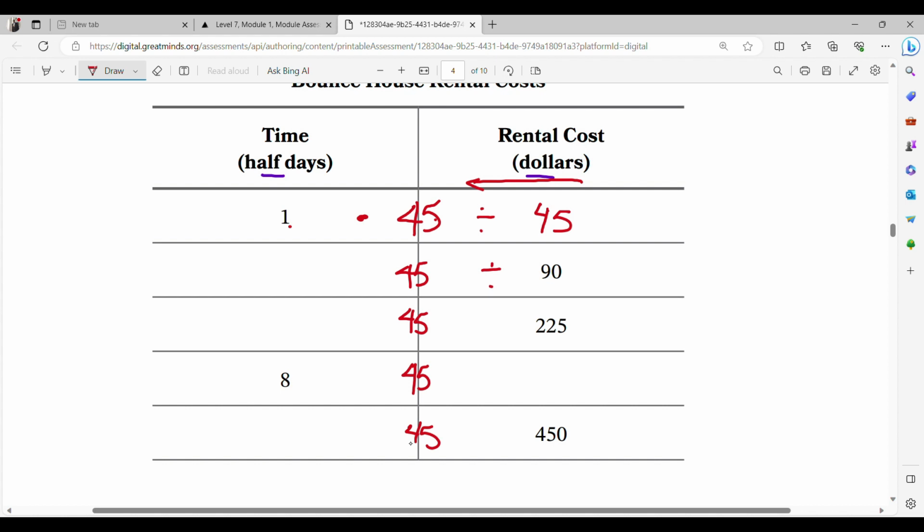90 divided by 45 equals what? Just in case you didn't understand how or what I said, this is the direction you're supposed to put it in the calculator. 90 divided by 45 equals 2. Got me? So this is 2. 225 divided by 45.